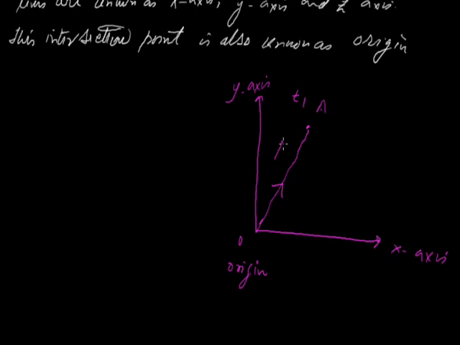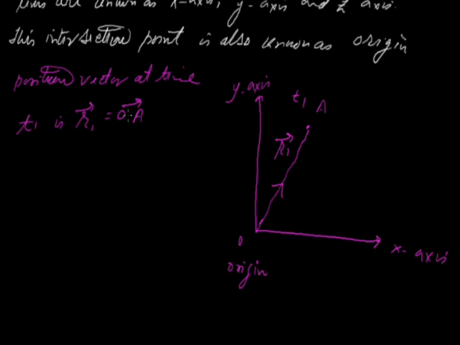So this one is r1, the position vector at time t1. The line O to A, from the origin to that point, is known as the position vector at that instant.